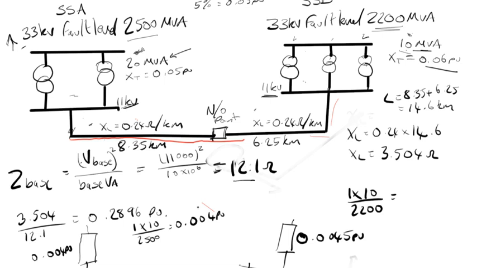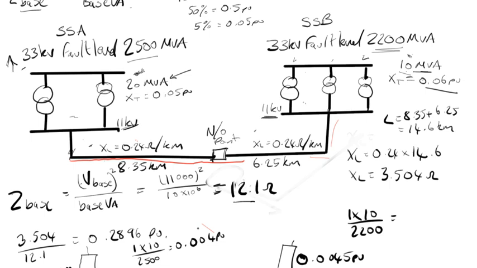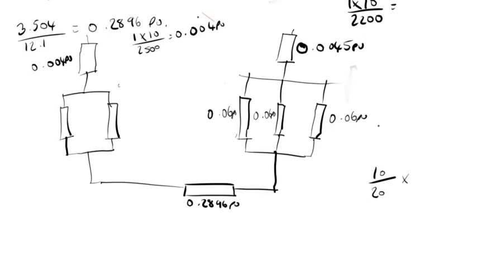So then that'll give us 10 over 20, which is a half, times 0.05, which is 0.025 pu. So these ones 0.025 pu, 0.025 pu there as well.